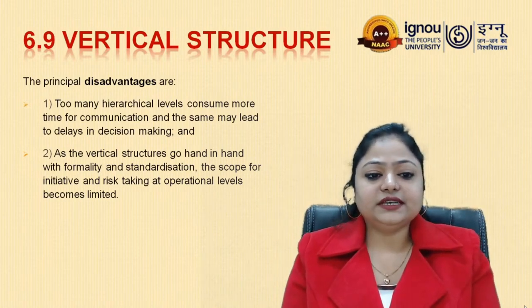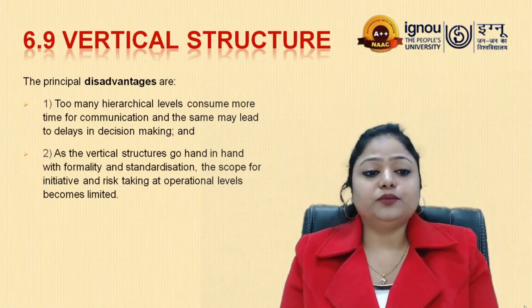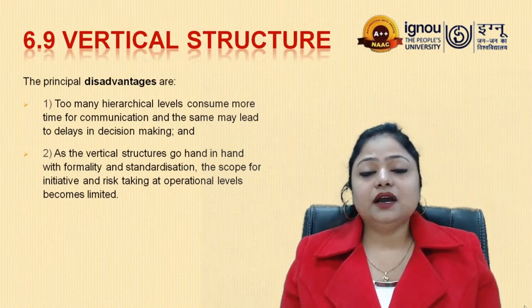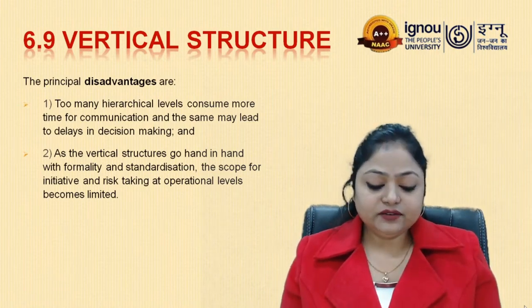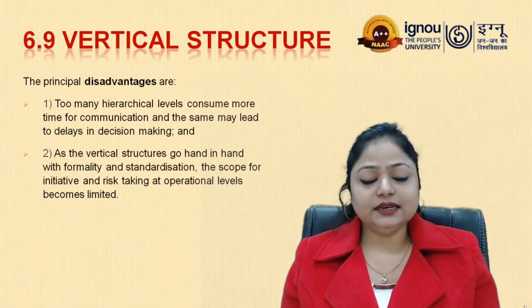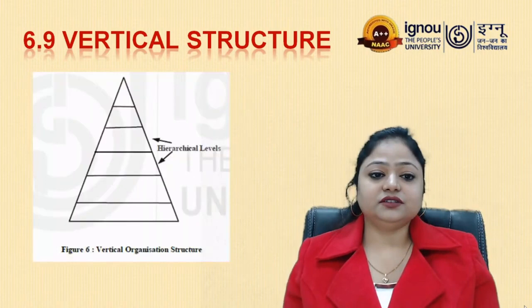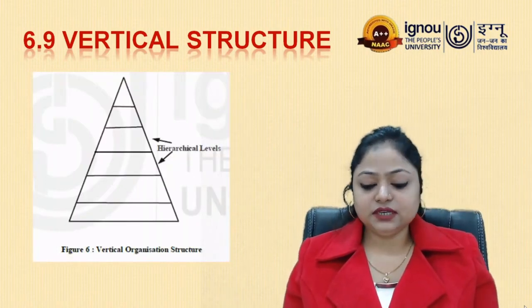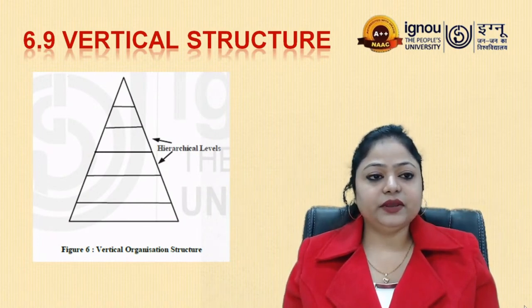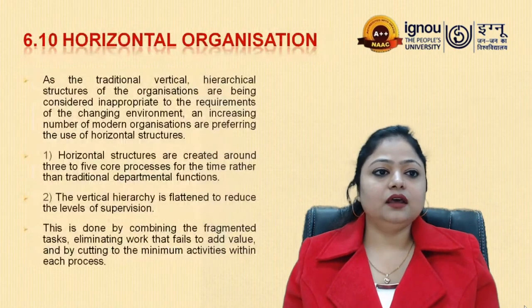The scope for initiative and risk taking at the operational level becomes limited, and the advantage of decentralization can be limited when it comes to vertical organizational structures. This type of structure can be seen as a chart depicted in this slide.